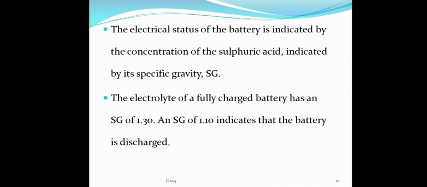The electrolyte of a fully charged battery has a specific gravity of 1.30. If it is discharged, it comes down to 1.10. That is the battery getting discharged.